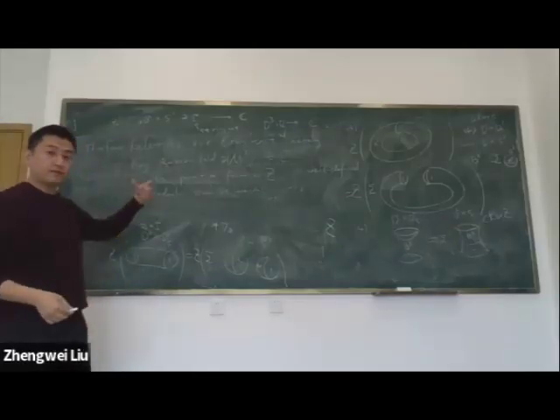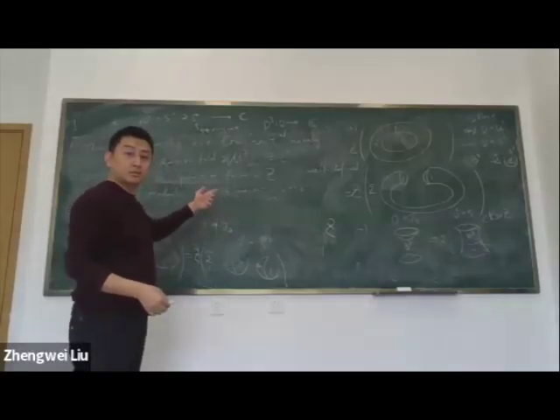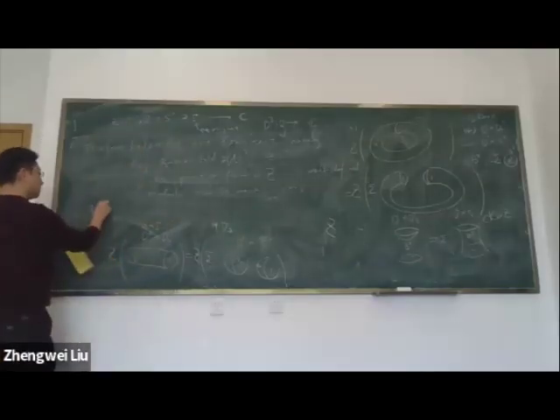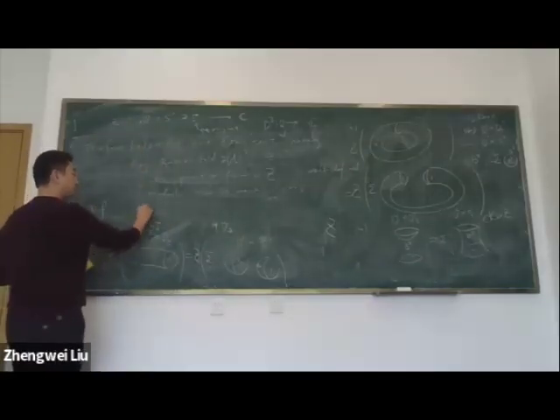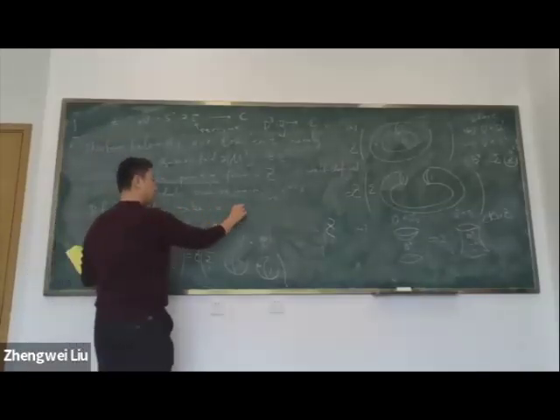So for any 3 manifold, first we need to show how we define the partition function. Now the moves for any 3 manifolds, the sketch of the proof. So any three manifold, we take a triangulation.